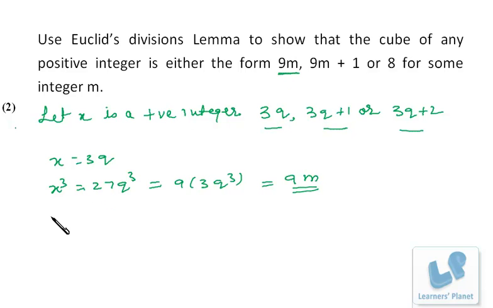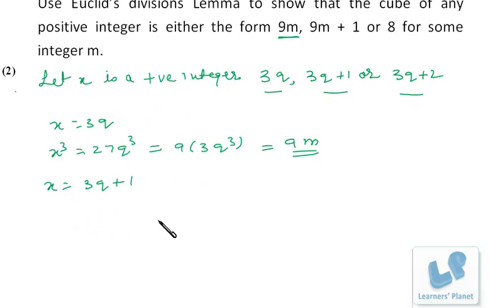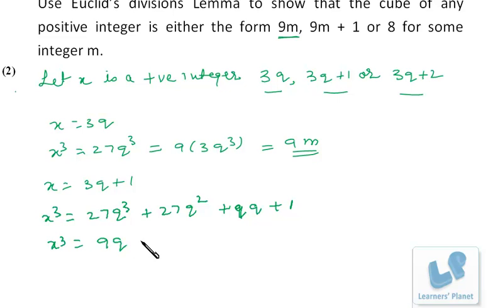Now let's take the next case, when x is equal to 3q plus 1. Now x cube will be 27q cube plus 27q square plus 9q plus 1. If we take 9q common, we get 9 times (3q square plus 3q plus 1) plus 1.